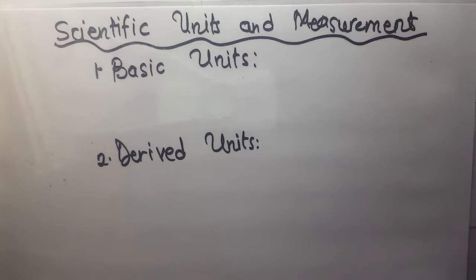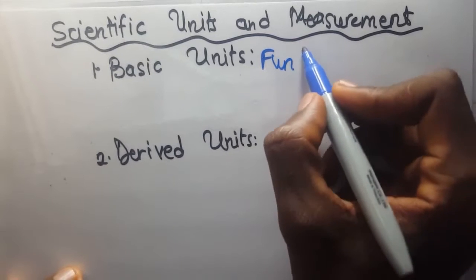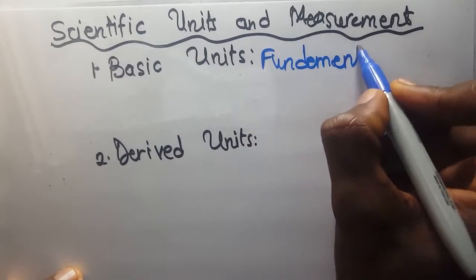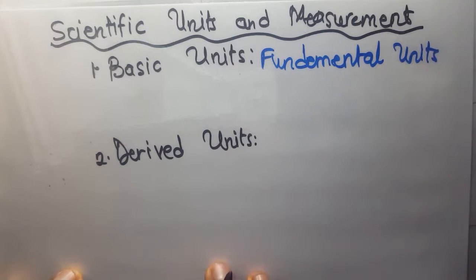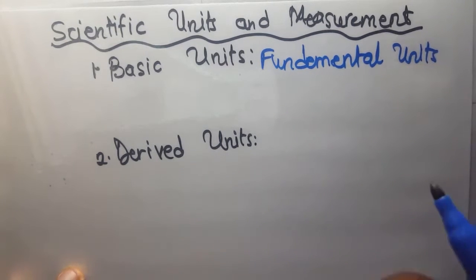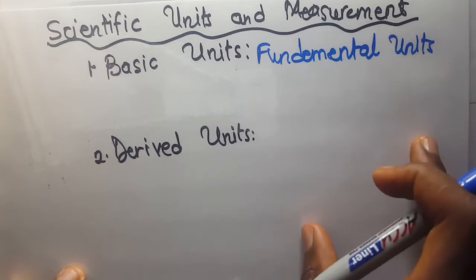You need basic units in order to do any calculation, and the derived units are derived from the basic unit. Another name for the basic unit is the fundamental unit. Fundamental unit means you can't do away with it. So a combination of two or more fundamental or basic units gives you derived units.